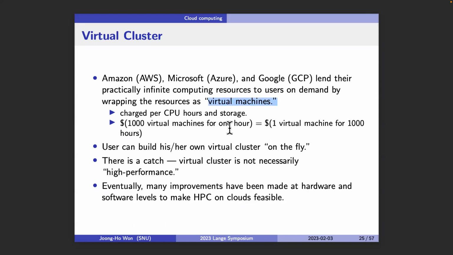The implication is that if I borrow, say, 1,000 virtual machines and use them for 1 hour, that costs almost the same as using one virtual machine for 1,000 hours. So it's quite a cost-effective way of getting a cluster and building it on the fly, right?